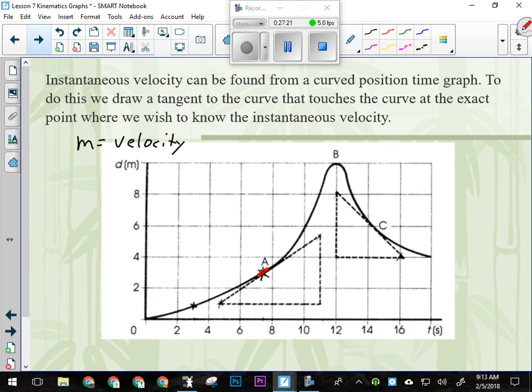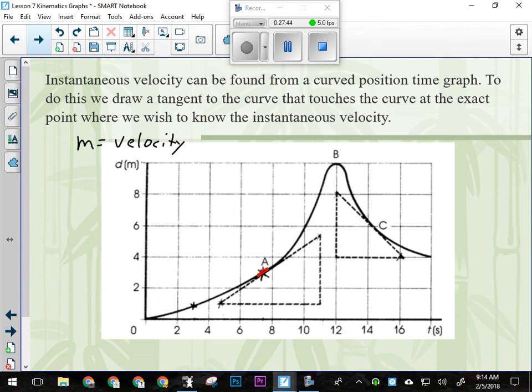Agreed? It's a straight line. It's just really short. Can I make it longer? Yeah, if I draw a tangent. I could draw a tangent line that is going to touch the curve at that point. A tangent line would then be parallel to the curve at that point. So the slope of my tangent would be the velocity at that point.